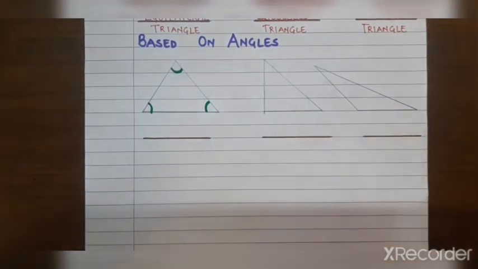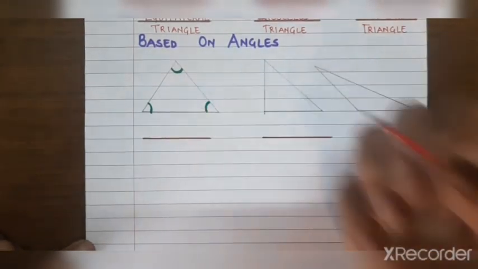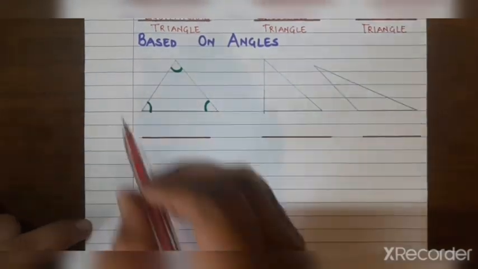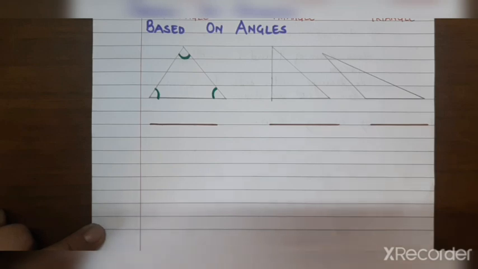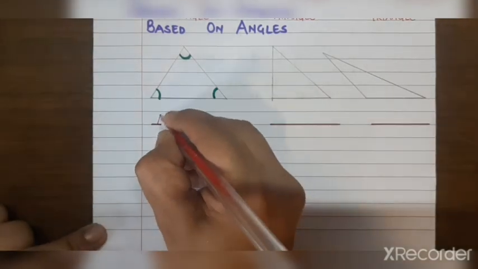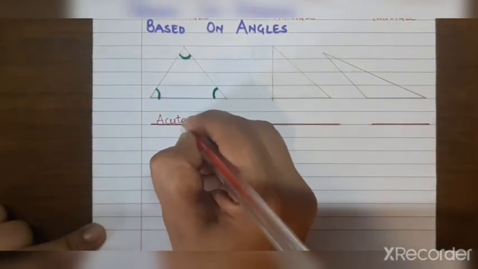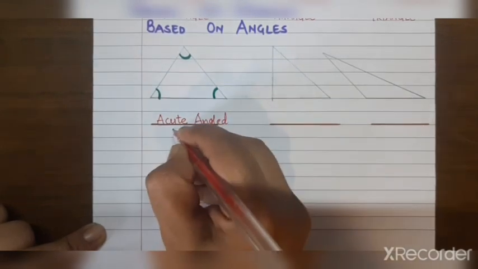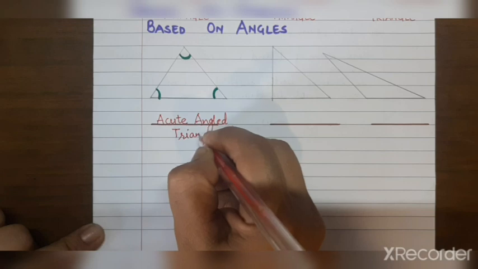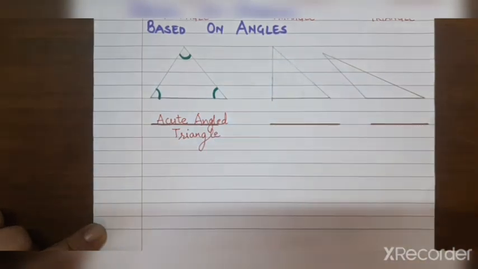So just looking at it, we can say that these are acute angles. When all the angles of a triangle are less than 90 degrees, it is an acute angle triangle.